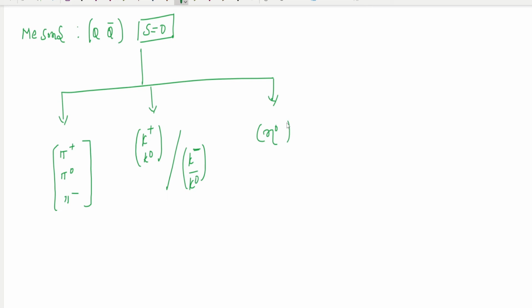So what are the spin 1/2 baryons and spin 3/2 baryons?